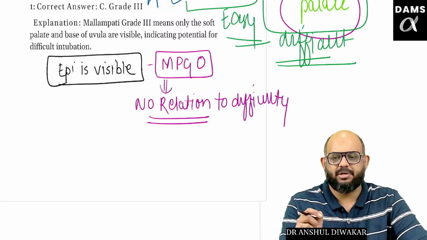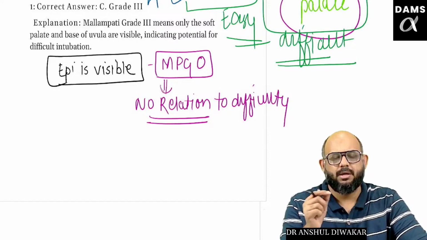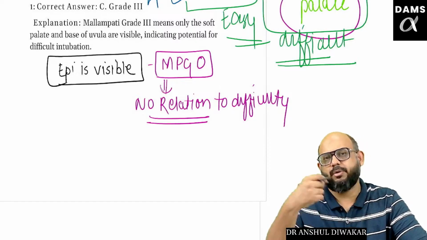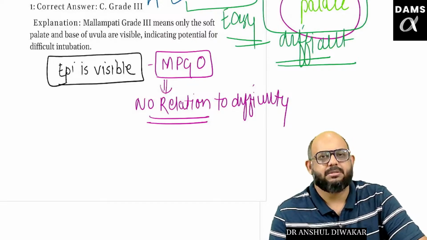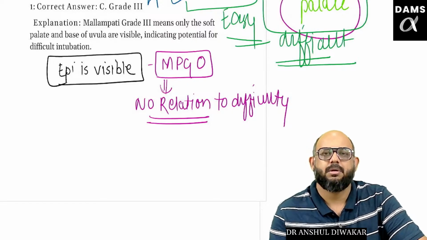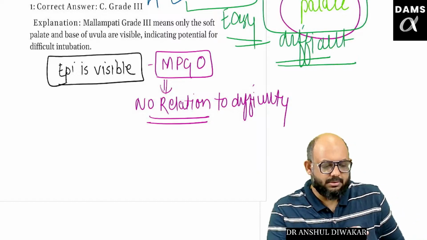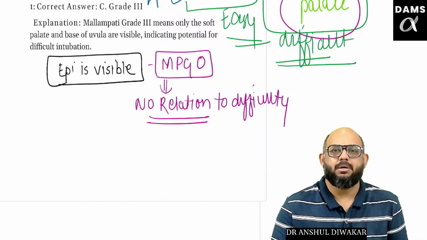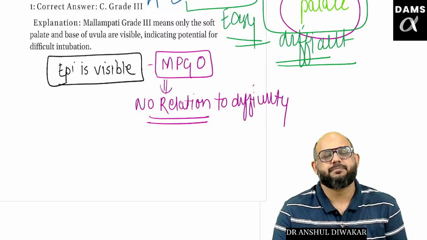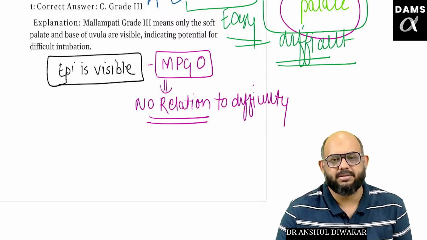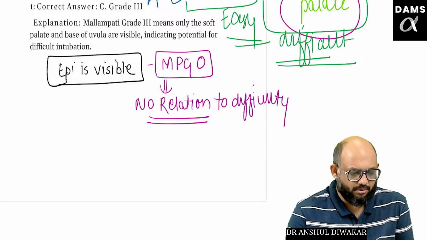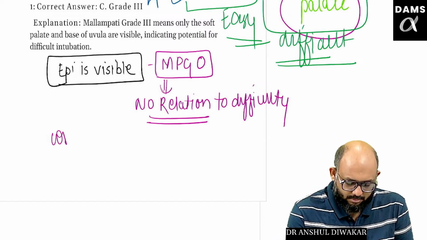Is there any classification which is similar to Mallampati, which has similar interpretation, but you are looking at different structures at a different place? Is there a classification like that you remember? Yes, it is called the Cormack and Lehane classification.